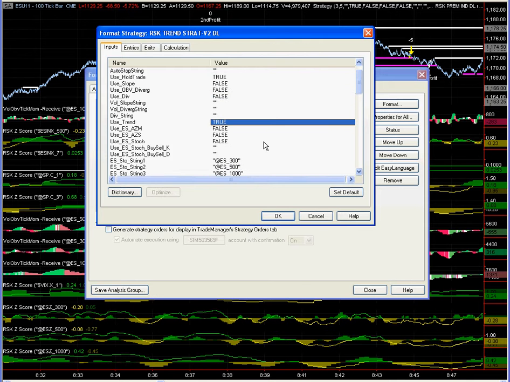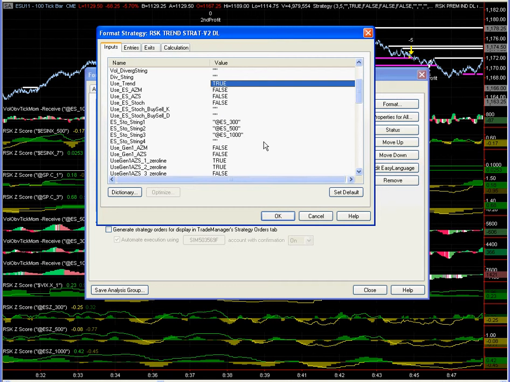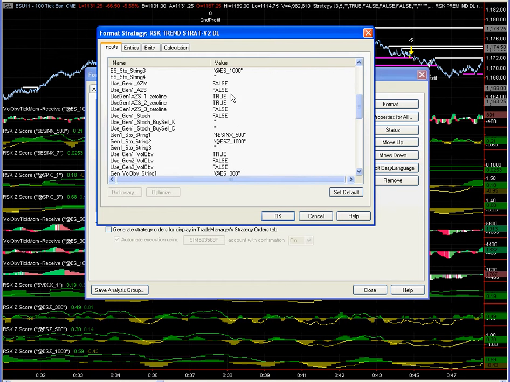This strategy is also using the volume bars on a 3, 5, and 1,000 tick ES. This simply means that those volume bars have to be in agreement at the time of the trade. These two switches mean that the premium has to be above zero, the zero line on a z-score, for long trades.